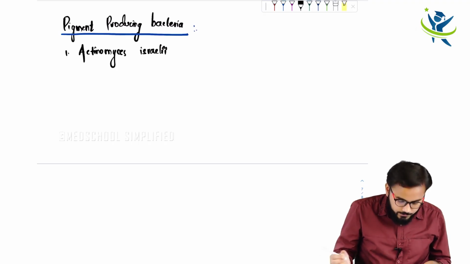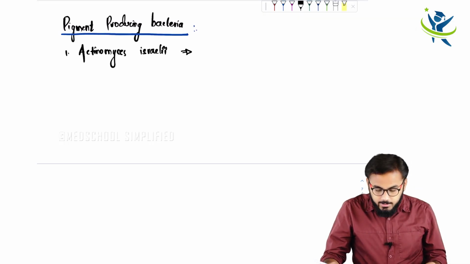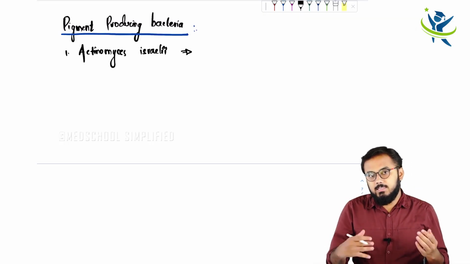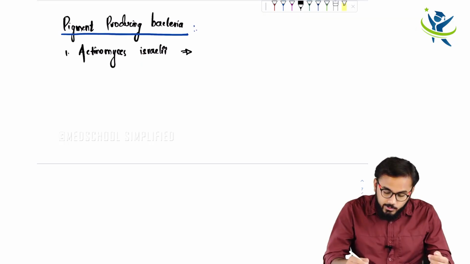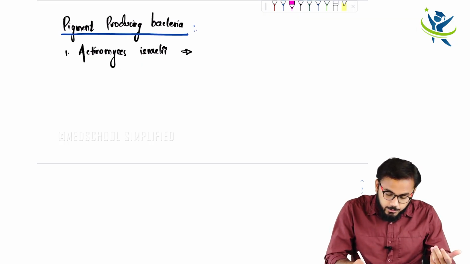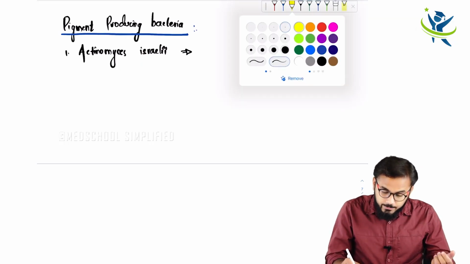Yes, the first thing, Actinomyces israelii. What type of pigment does it produce and what is the color of that pigment? In Israel the sand is basically yellow in color, so the pigment which it produces is a yellow pigment.